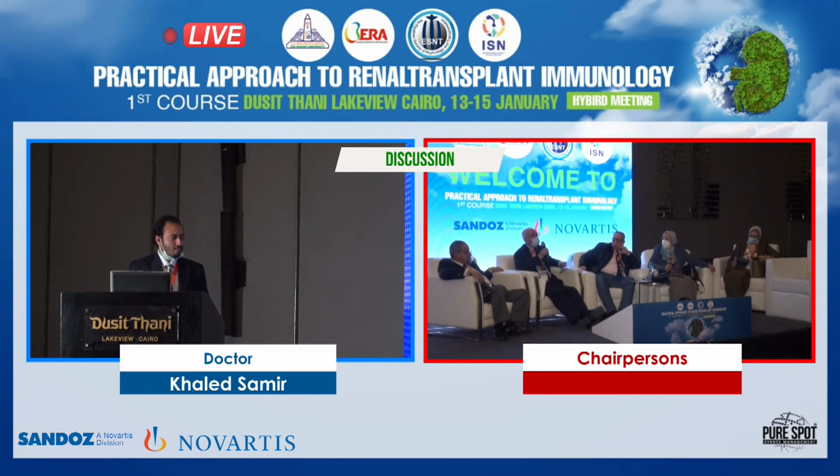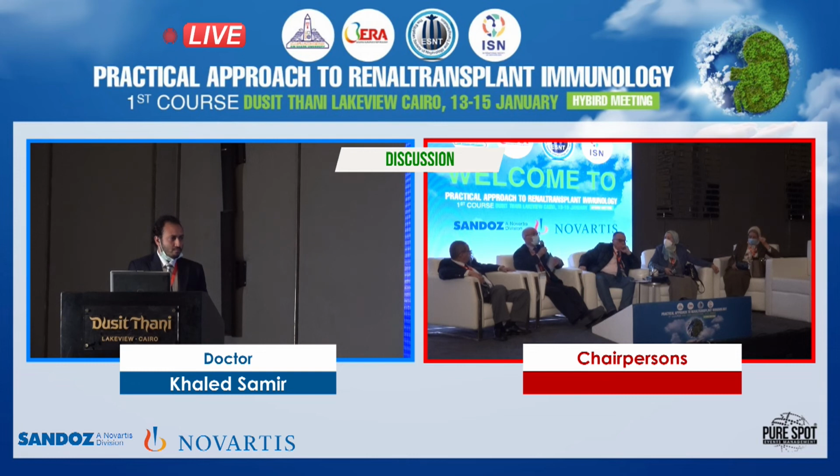And the experience in the Spanish school, Dr. Medhat, is that they consider even a 90% positive PRA not an indication for desensitization, and they proceed if the DSA is negative with a positive PRA, not 80%, 90%, provided the cross-match is negative.